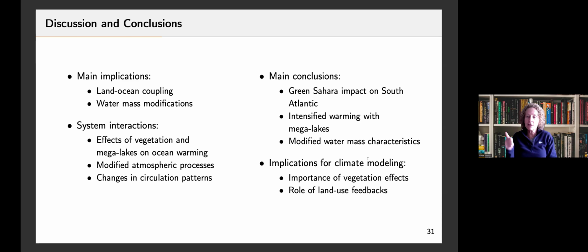So main conclusions: Green Sahara, impact on the South Atlantic. We have intensified warming when we include the megalakes, which modifies water mass characteristics, which has tremendous implications for climate modeling. We are considering the impact of vegetation feedbacks and the role of land use feedbacks, and it's really cool because the models are beginning to change. More and more we have what we call dynamic vegetation models, which are these extremely complex Earth system models, but with the vegetation changing as the climate changes.